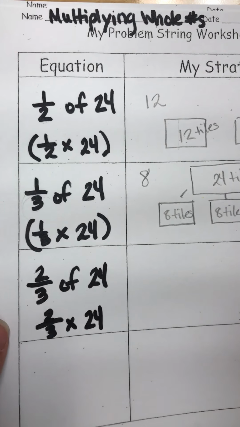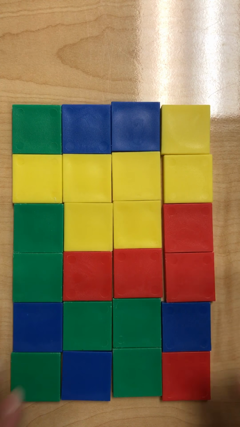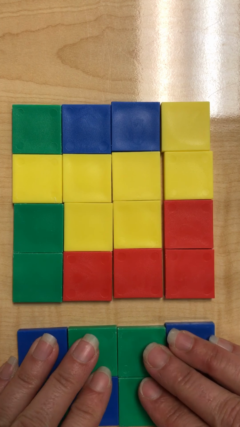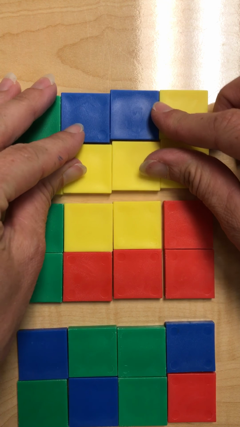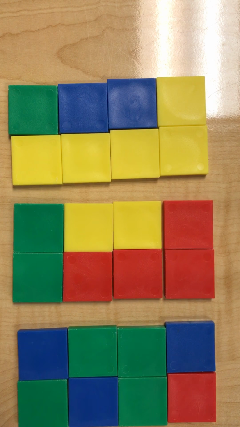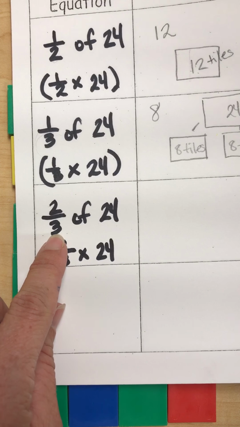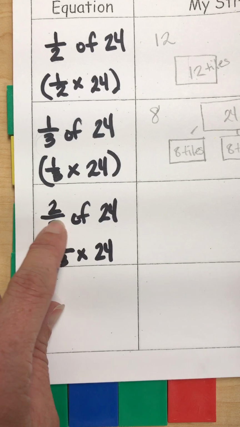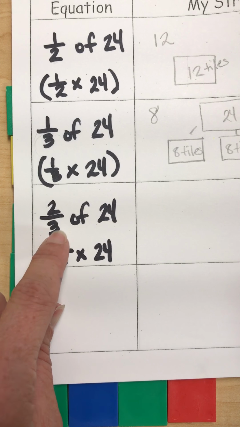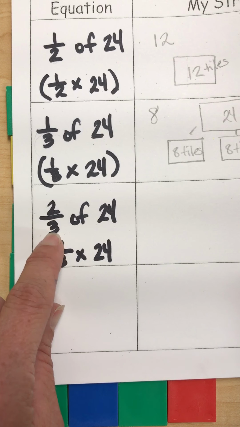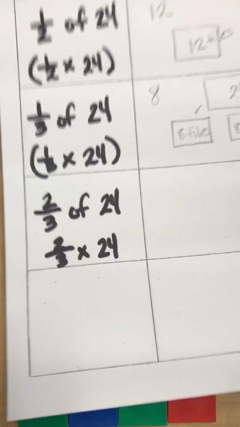Okay, so now I have, again, my 24, and I'm going to divide it up, or split it up into 3 equal groups. Why do I have my 3 equal groups? I have 3 equal groups because my number at the bottom, my denominator, is 3, meaning I need to divide it into 3 equal groups. 3 parts is the denominator.